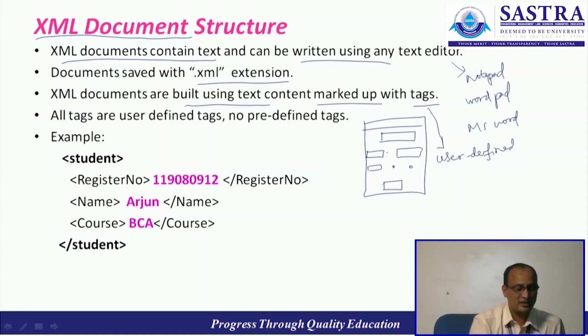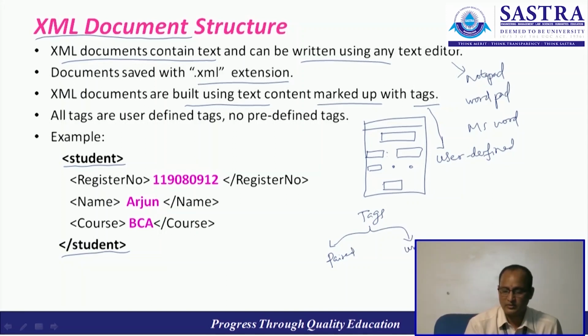Look at this example. Student, and it is closed properly, /student. Tags can be categorized as paired and unpaired. What do you mean by a paired tag? It has an opening and a closing tag, but unpaired tags may have only an opening or a closing tag.